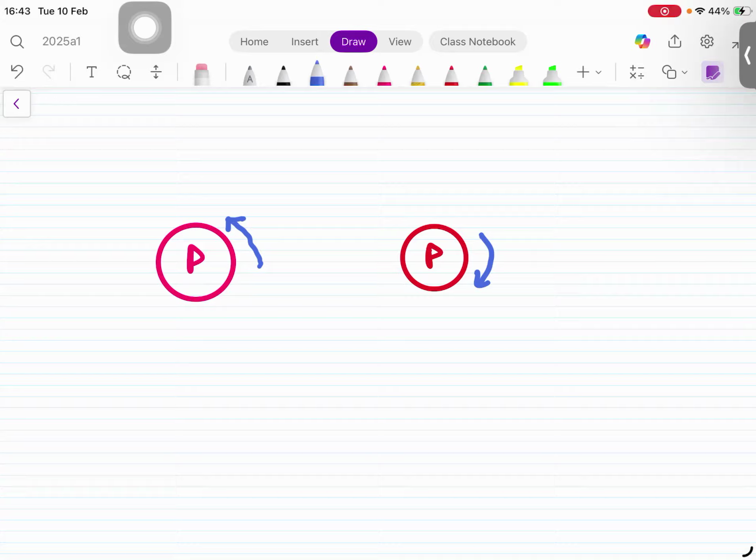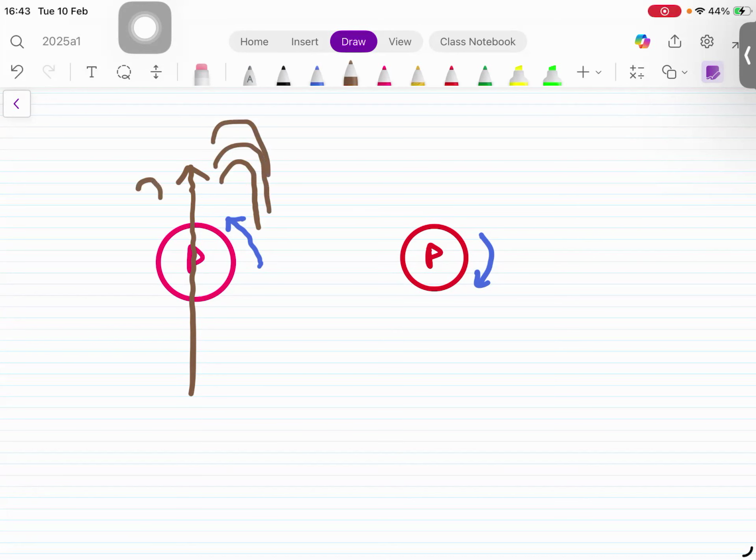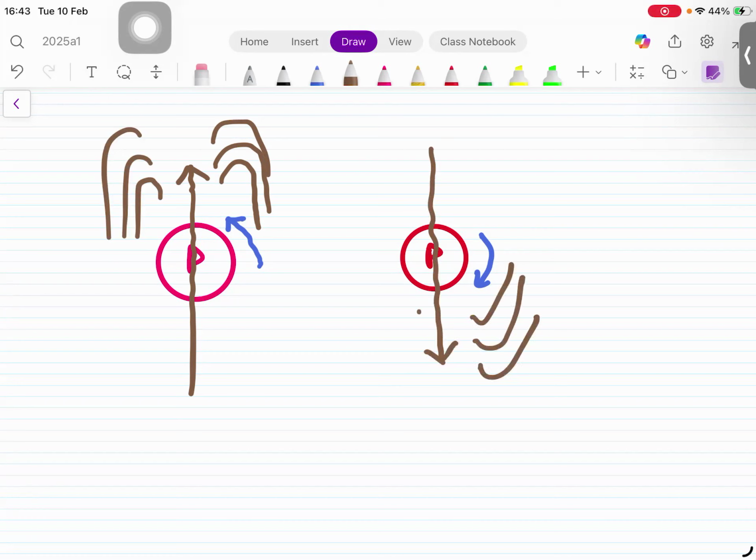And in physics we learn that when a charge spins, it creates a magnetic field around it. So when this proton is spinning, it is creating a magnetic field around it, just like that.